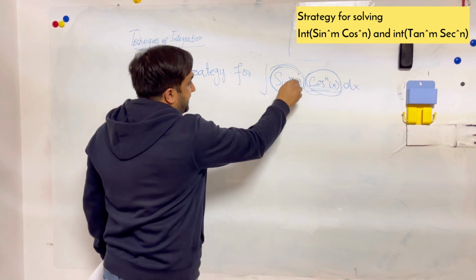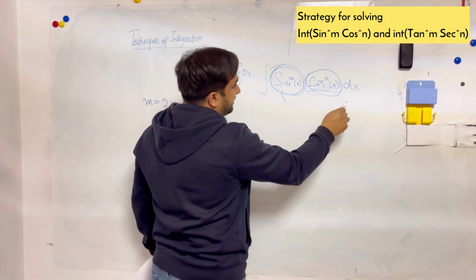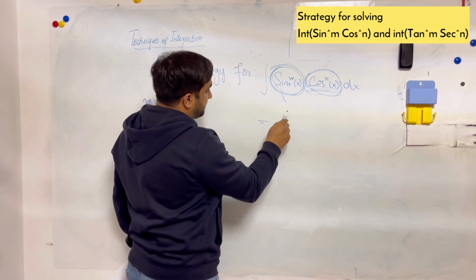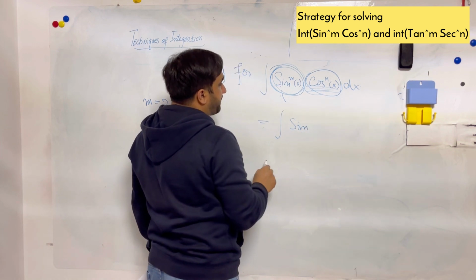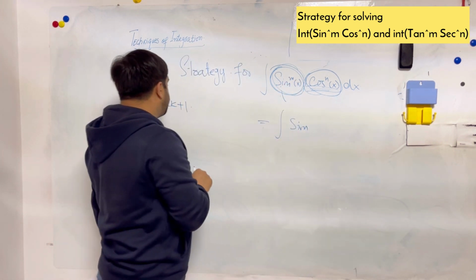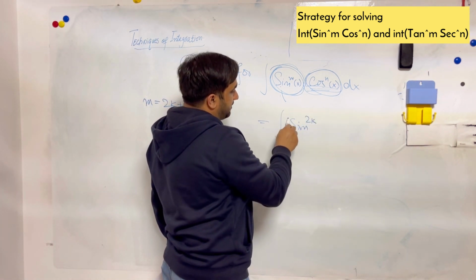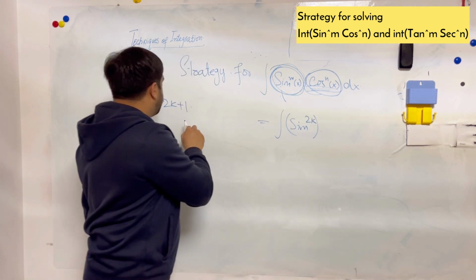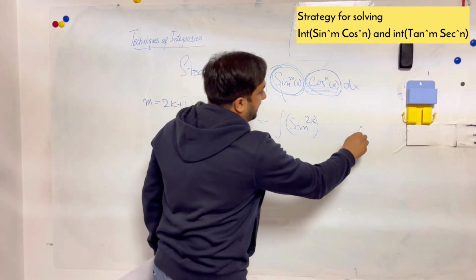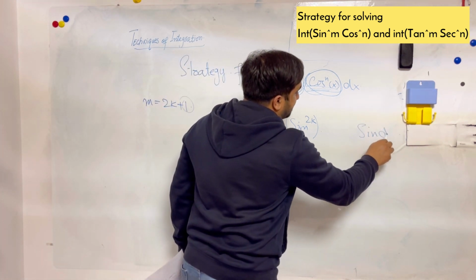That means save one factor from this sine here, so one factor will go there.